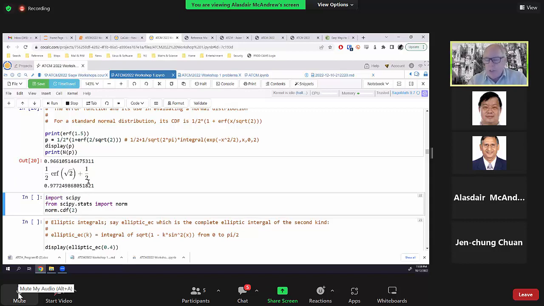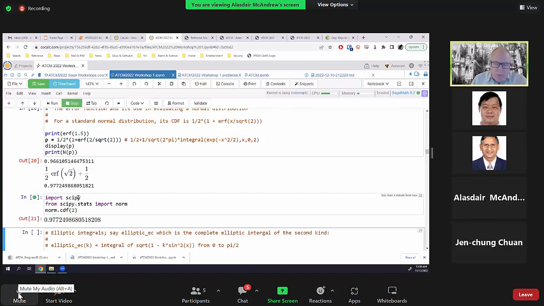Sage doesn't need to know itself about the normal distribution. That's held in the SciPy library of Python under the stats subpackage. So you can use that sort of package to find out the value of the normal distribution at 2, which we found out before from using the error function.